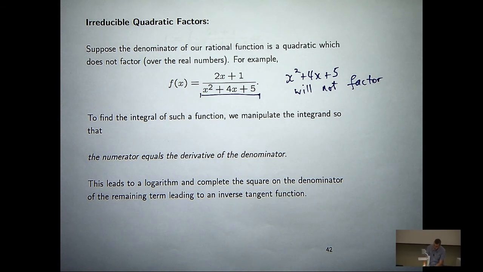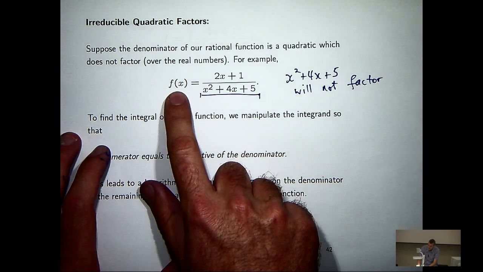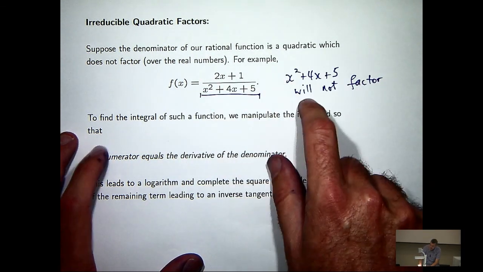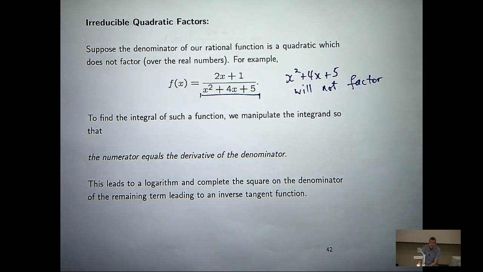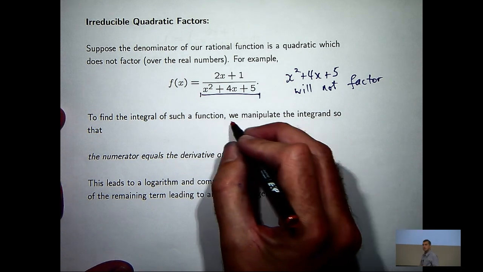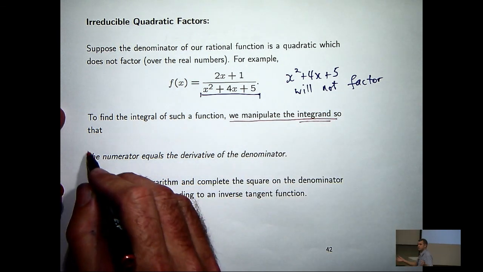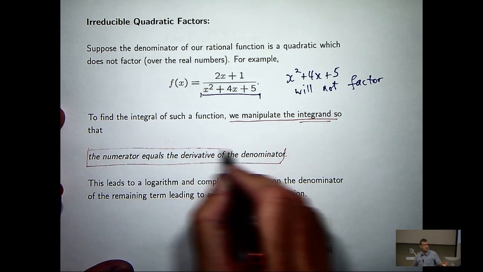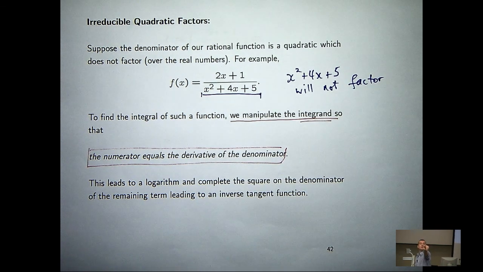Okay, so there are cases where you try to integrate functions and the denominator won't factor, not over the reals anyway. So what do we do? Well, again, we play with the integrand so that the numerator is the derivative of the denominator. How does that help us? Well, you can integrate and get something involving a logarithm.